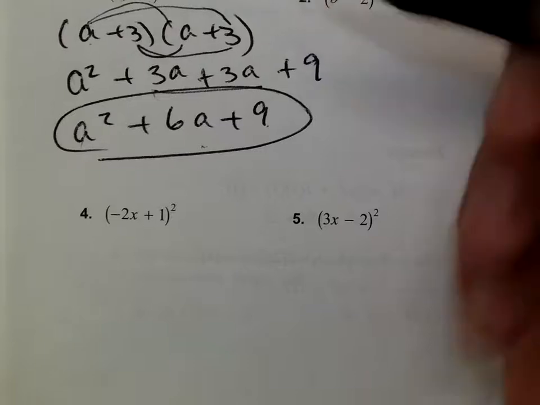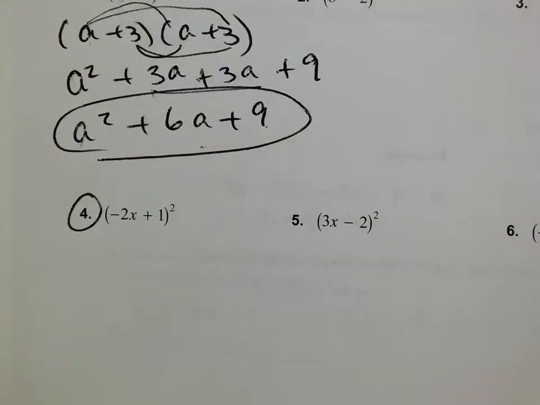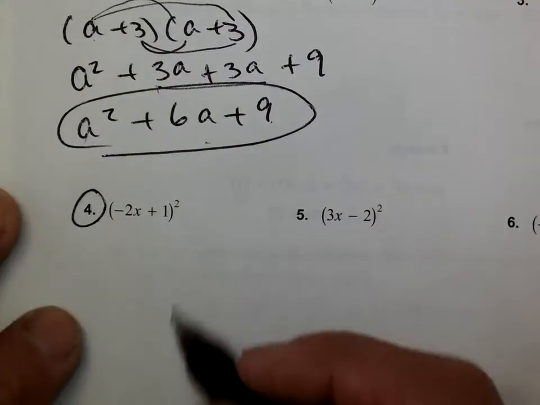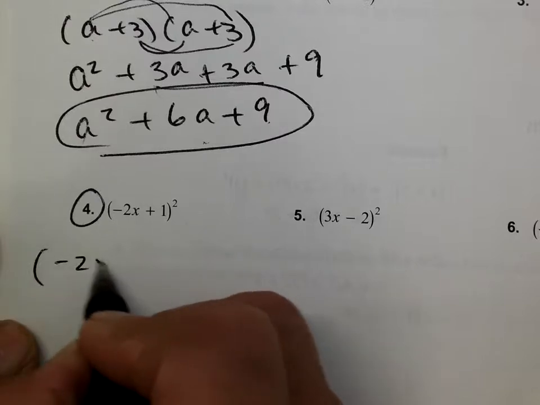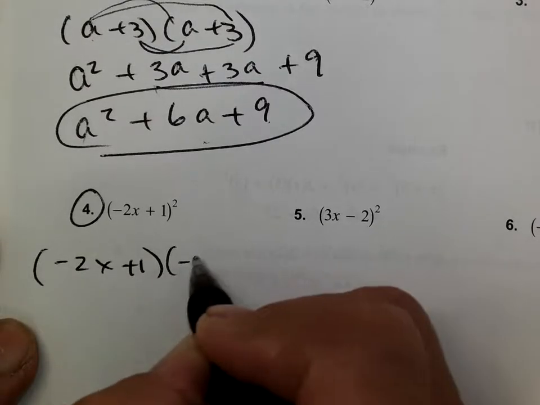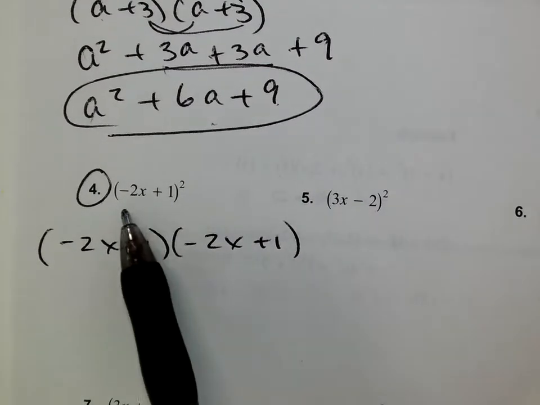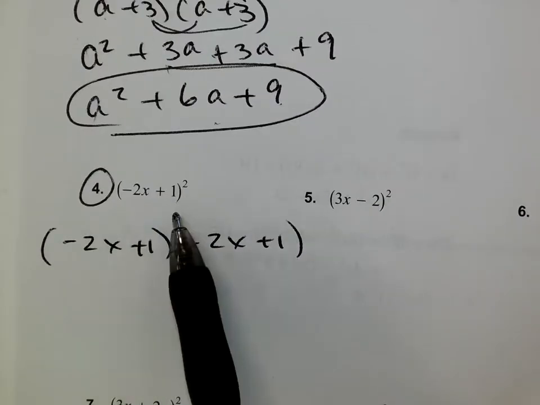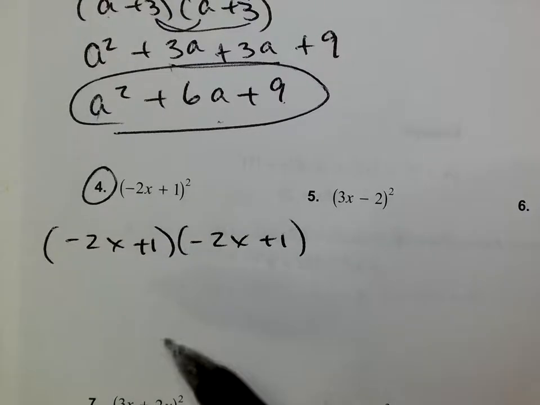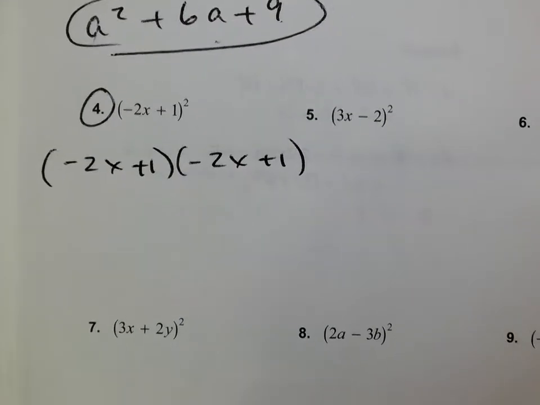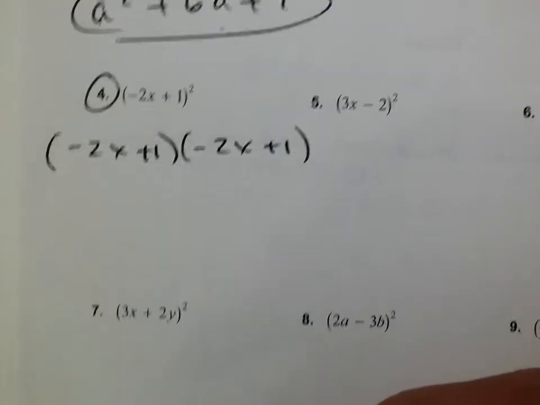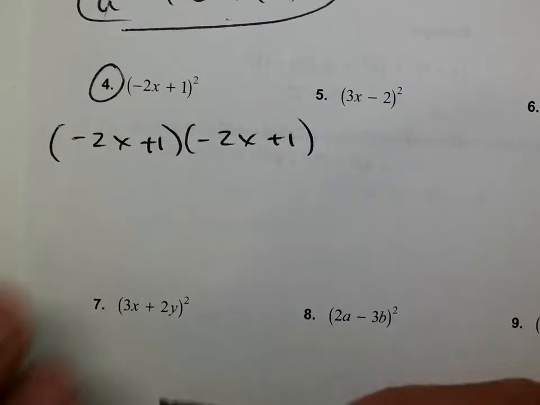All right, so let's look at 4. Personally, I think it's much easier just to write negative 2x plus 1 times negative 2x plus 1. Their rule would be positive 4x squared, 1, and a negative 4x in the middle, so you can do it in your head. I'm just going to do it the long way. Let's FOIL it.